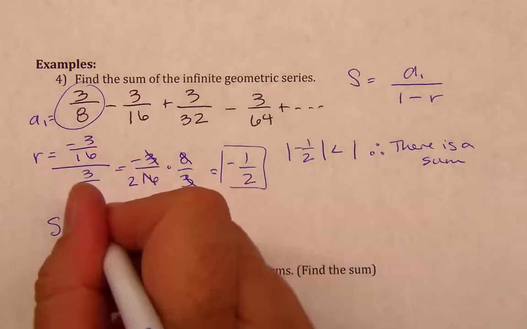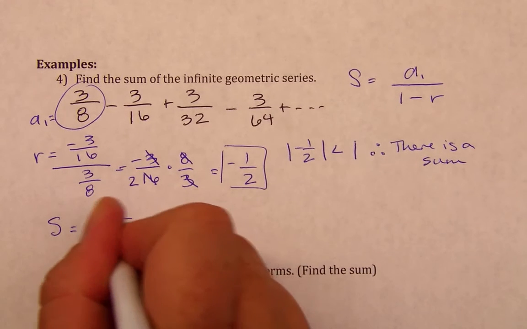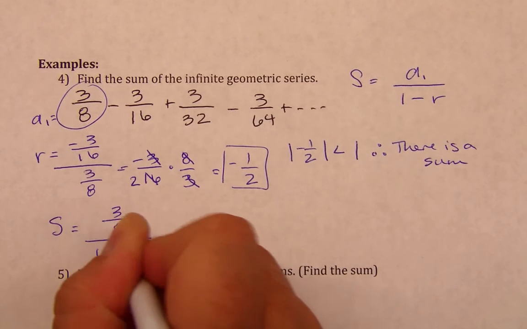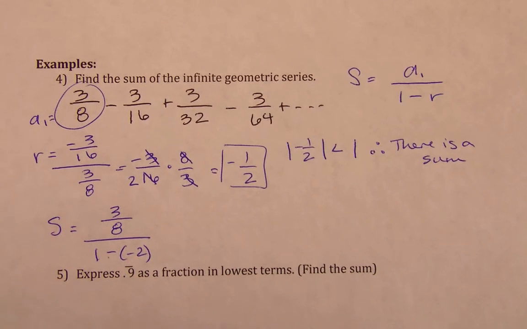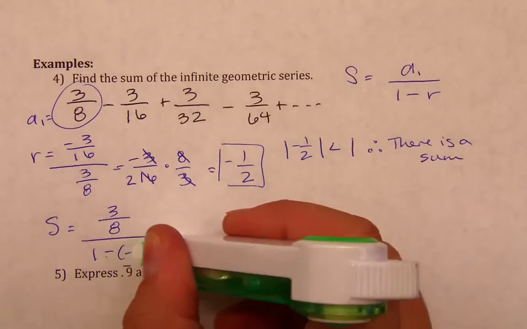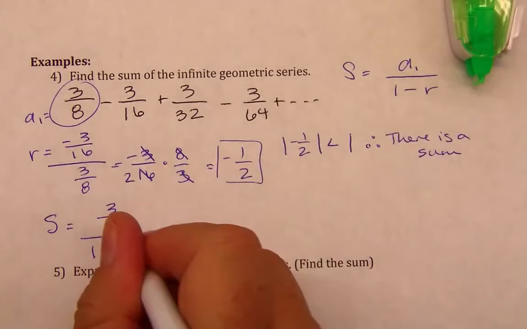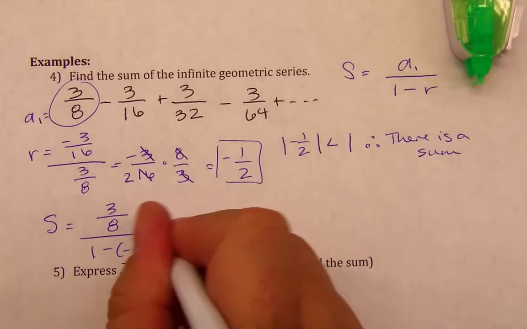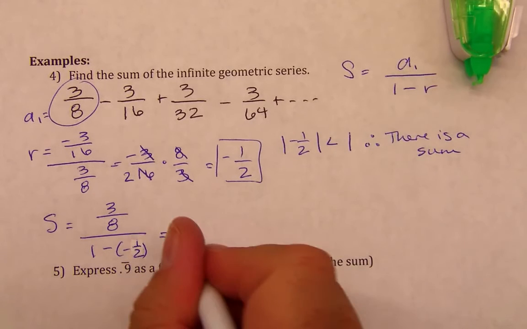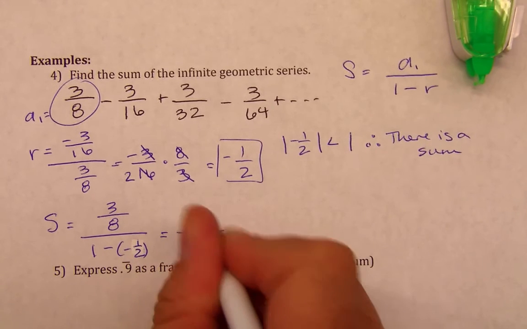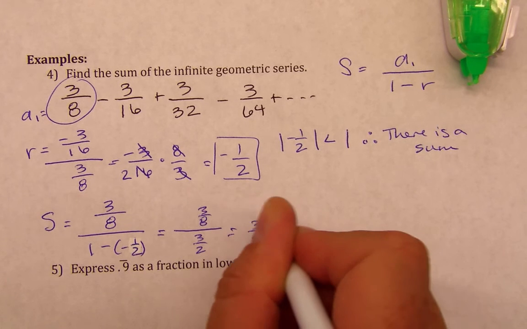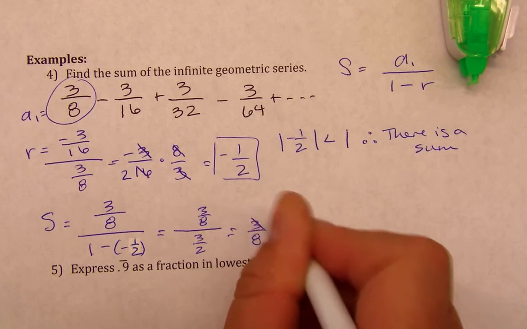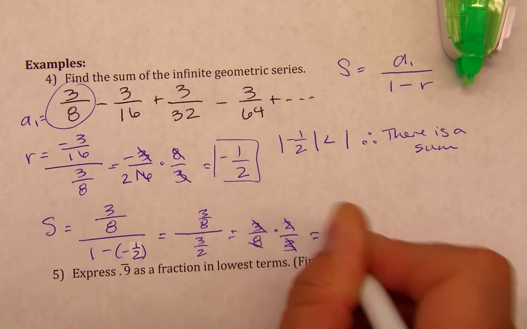S is equal to a1, which is 3 over 8, over 1 minus negative 1/2. And 1 minus negative 1/2 is 3/2. 3 over 8 times 2 over 3 equals 1/4.